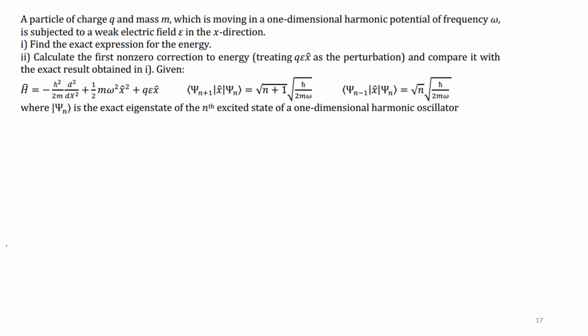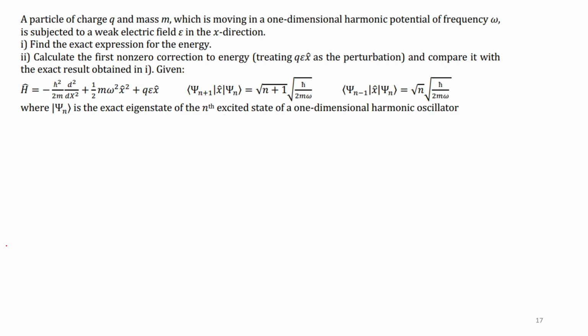So you all remember a particle moving in a one-dimensional harmonic oscillator, right? And then the particle is now charged. Charge is q and mass is m, with a frequency of omega. And now the perturbation is a weak electric field of epsilon in the x direction.